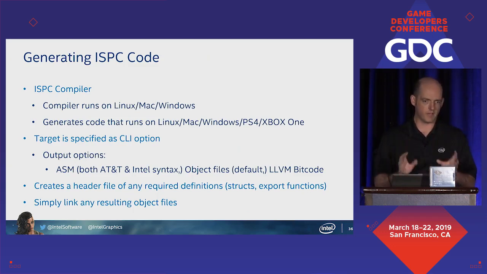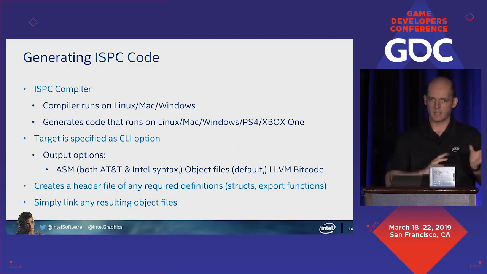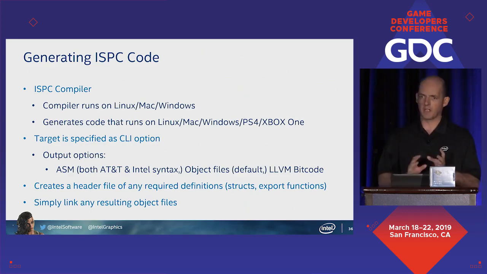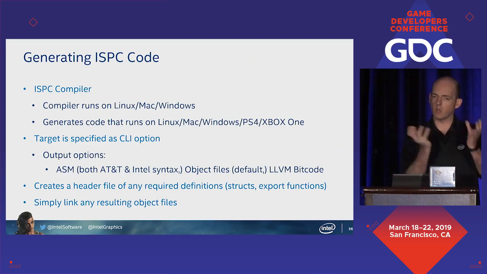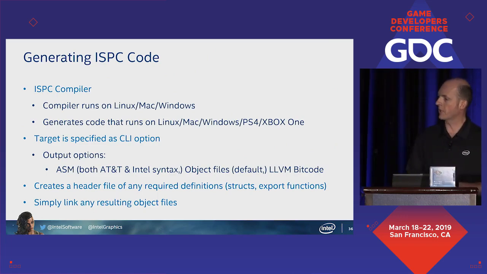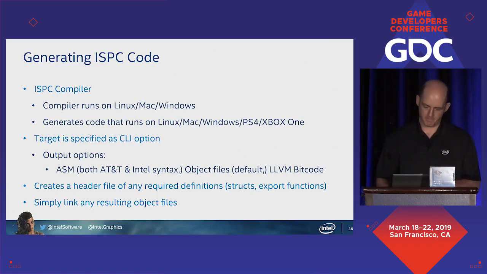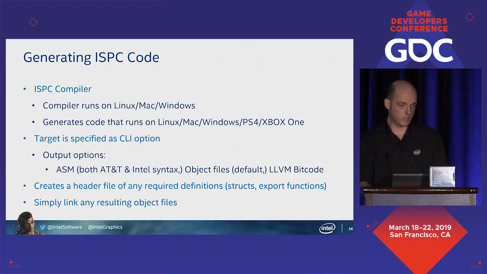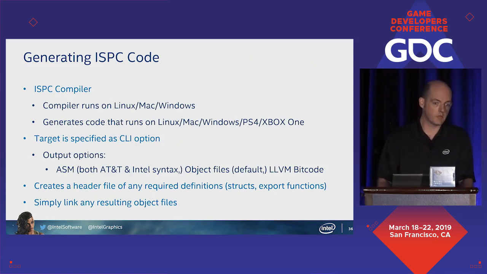You've got to pull in a pretty fat runtime, pull in the DLLs, separate compilation phases. ISPC is the exact opposite, really, really lightweight. In terms of the API, it's just what you define in your kernels. So you write a kernel, and that becomes the API. You call it from C, and you're off. It's also good to note that you can output assembler if you want to have a look at it. You can also have a look at some of the LLVM IR. And then the resultant object files, we just link into your project.